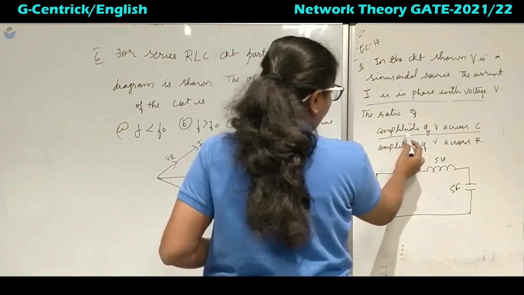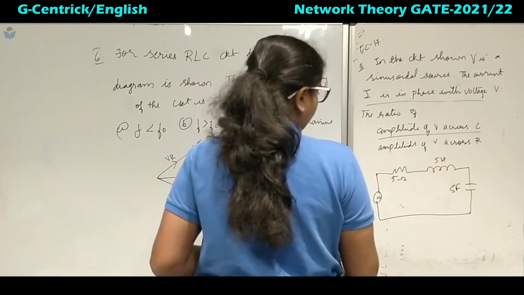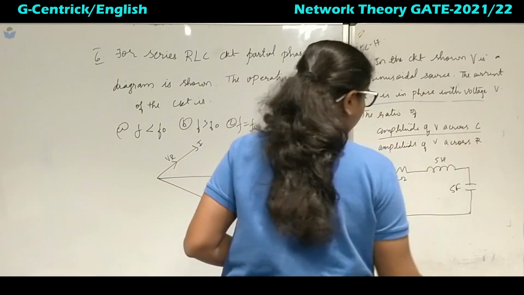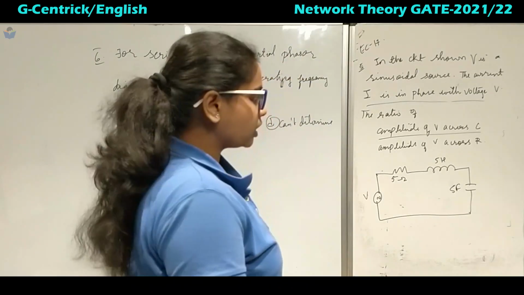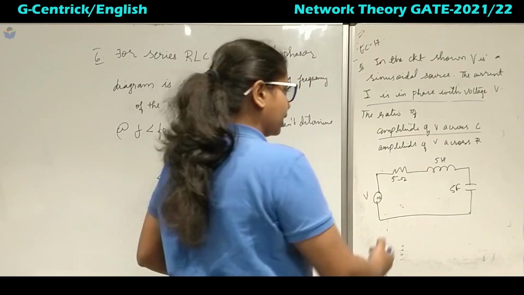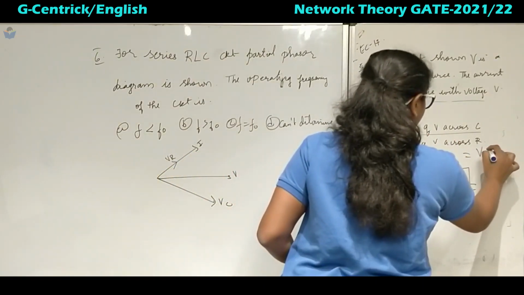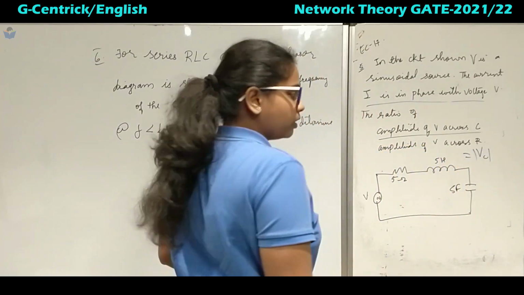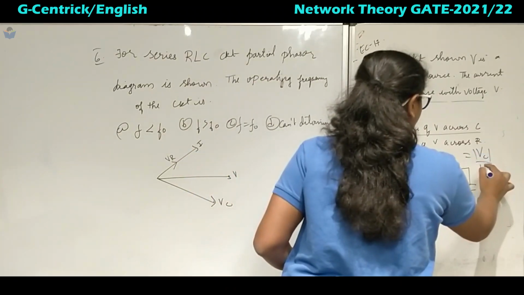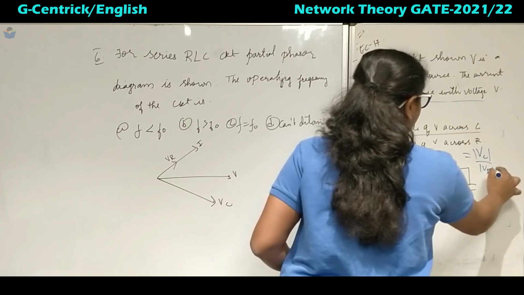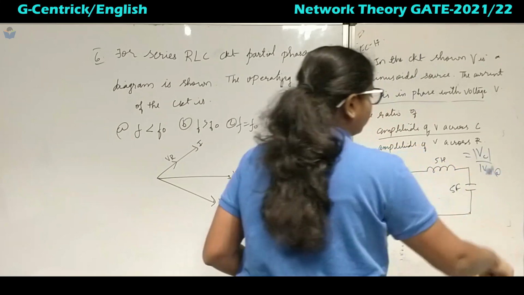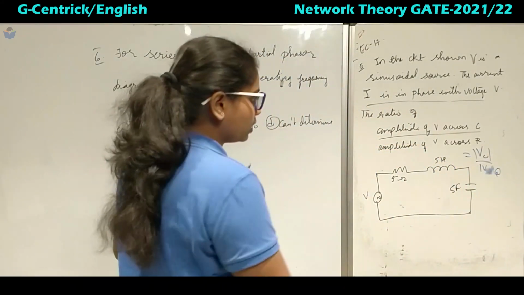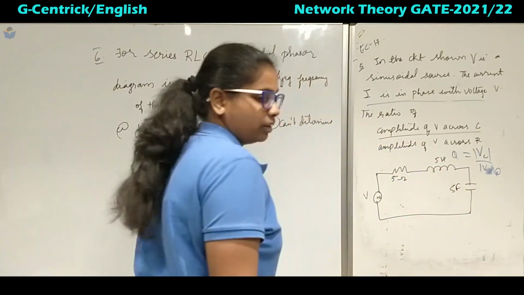We need the ratio of the amplitude of voltage across the capacitor to the amplitude of voltage across the resistor. So the amplitude of voltage across the capacitor is Vc and across the resistor is VR. At resonance the ratio is basically the quality factor.